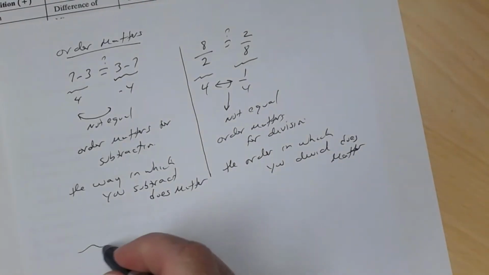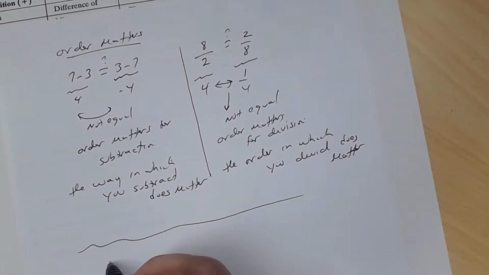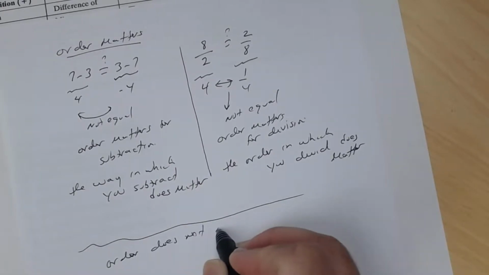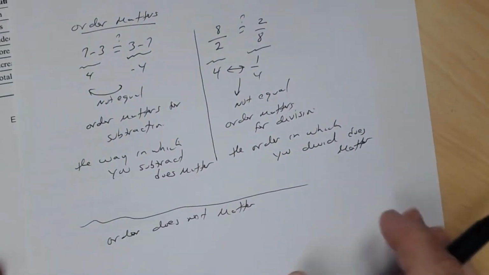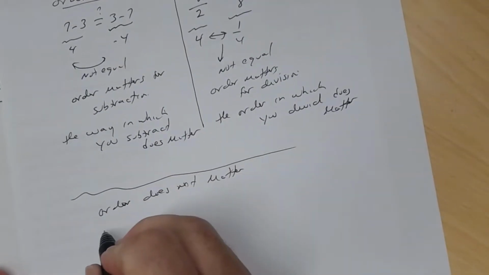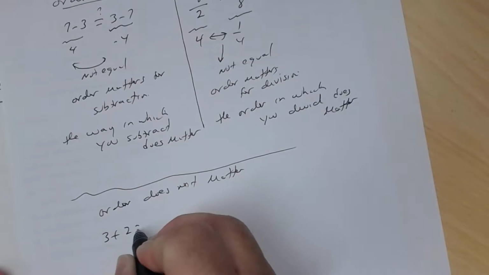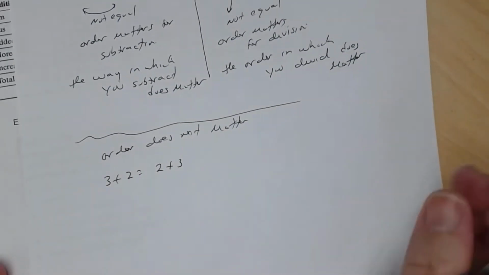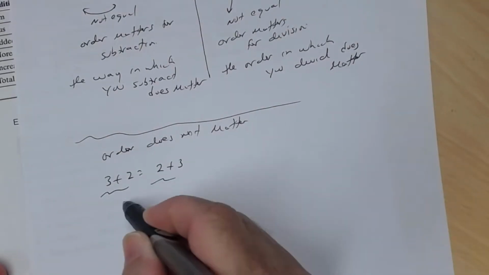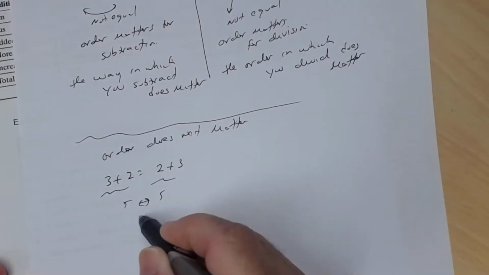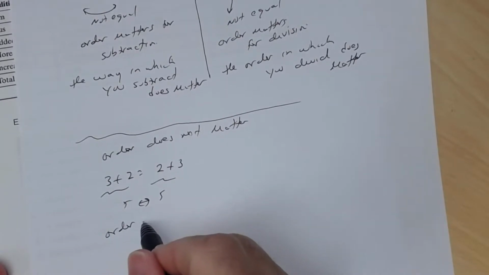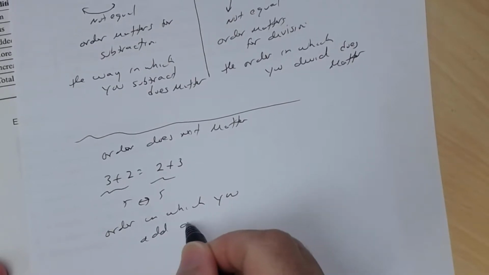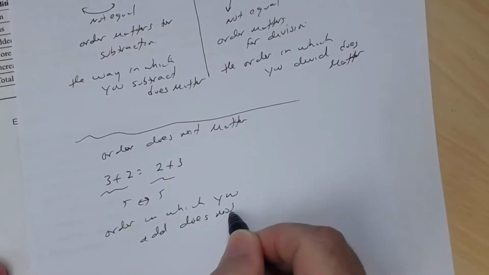Now the others, addition and multiplication. Watch. Order does not matter in these cases. So order does not matter for addition. 3 plus 2 is the same as 2 plus 3. These are both 5s, so they're equal. So the order in which you add does not matter.